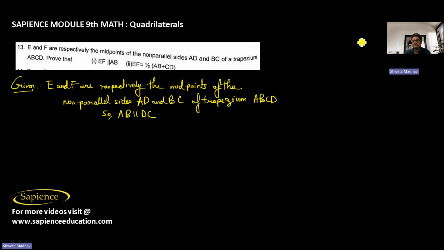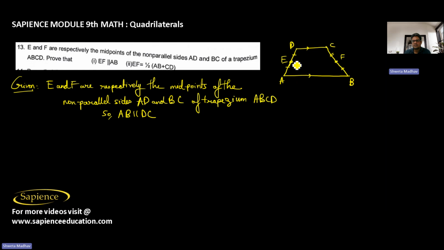If we draw the trapezium ABCD, E and F are the midpoints of AD and BC respectively. So this is equal to this, since E and F are the midpoints, and AB is parallel to DC.